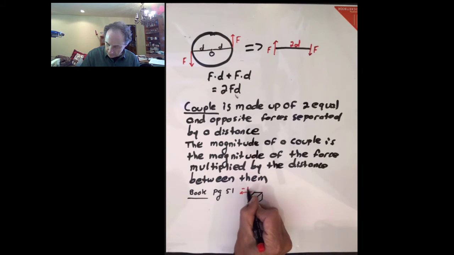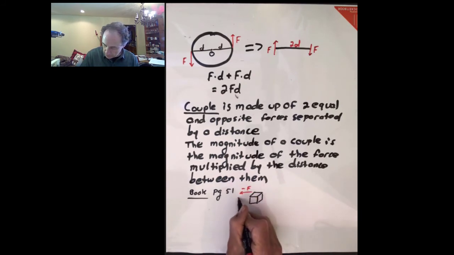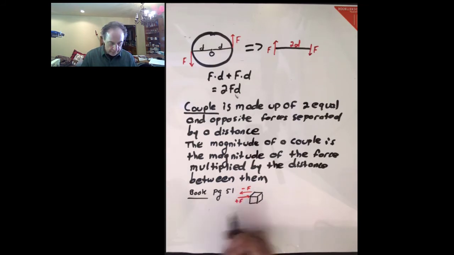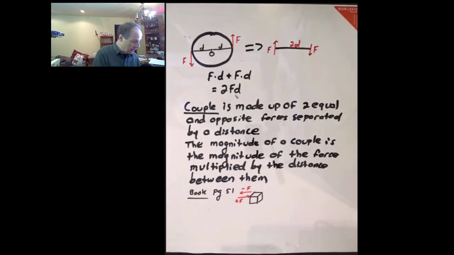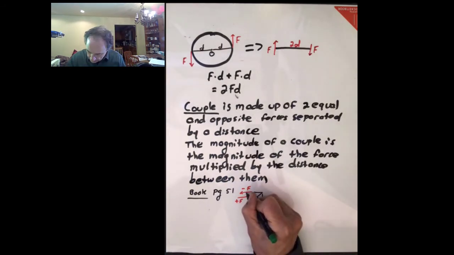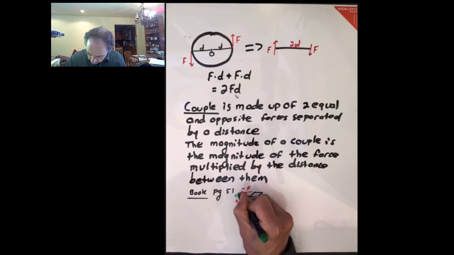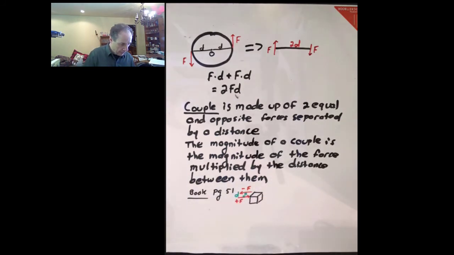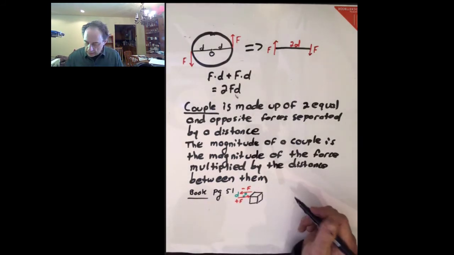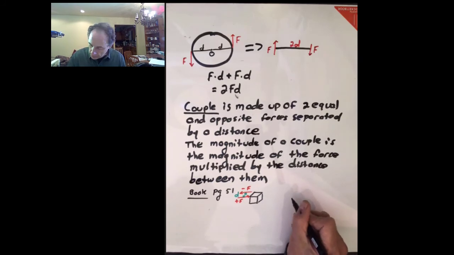It's minus F here, plus F here, and then you have the distance between them. Just one more example here.